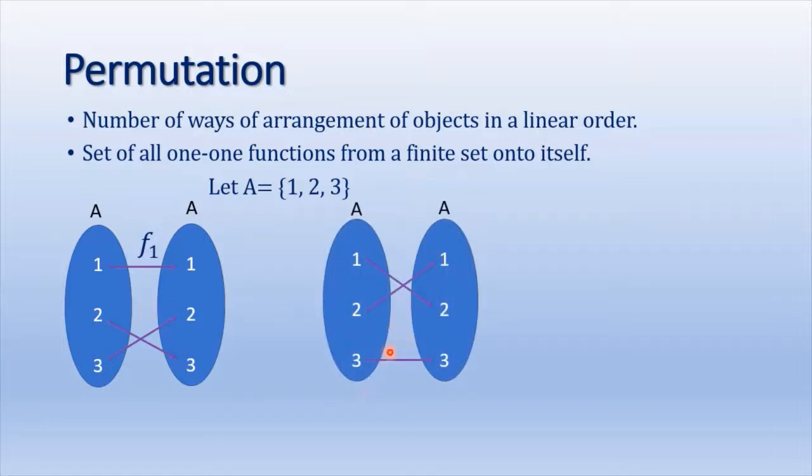Here in the second example, the number 3 is fixed, that is 3 is mapped to itself and 1 and 2 are mapped opposite. 1 is mapped to 2 and 2 is mapped to 1. In rigid motions of a triangle, we called this F3.